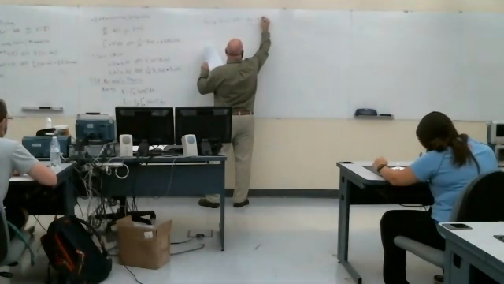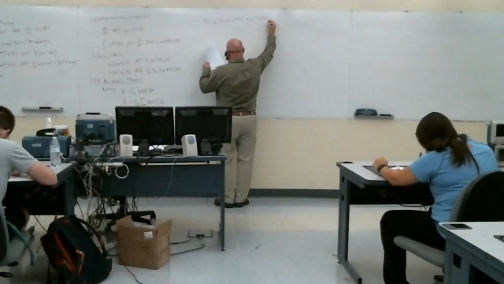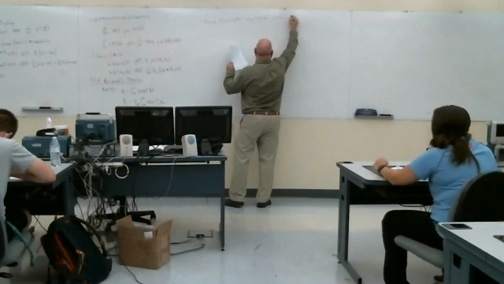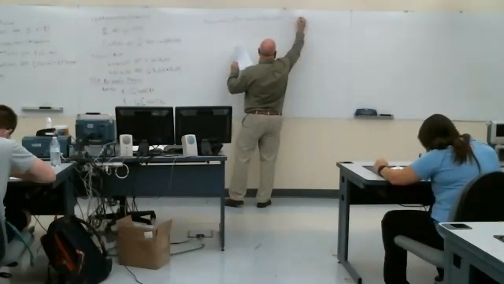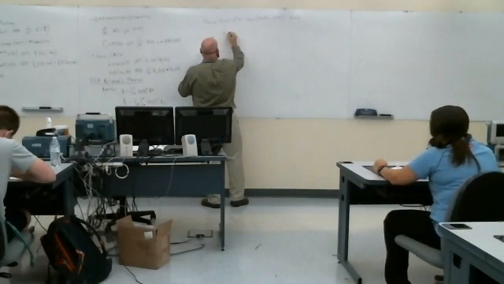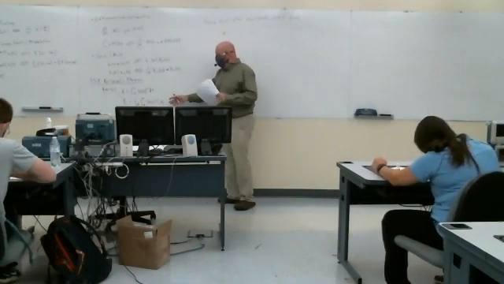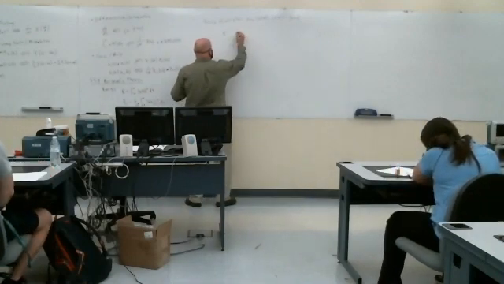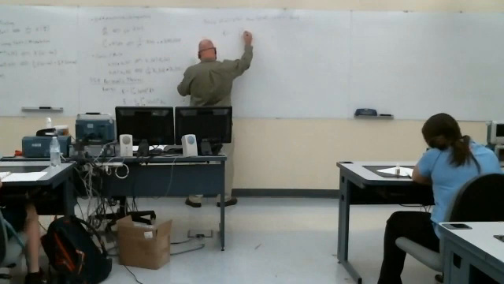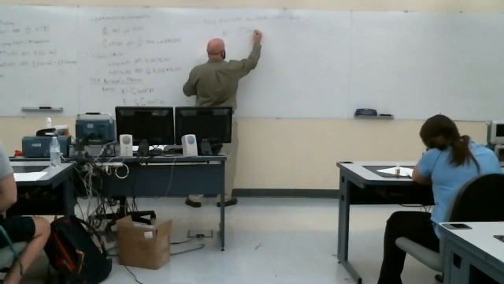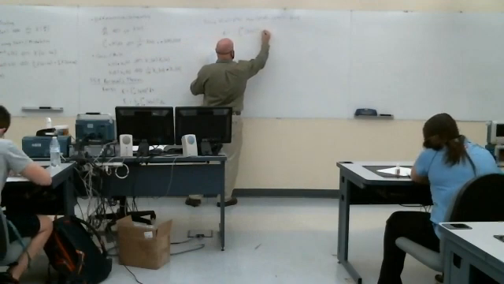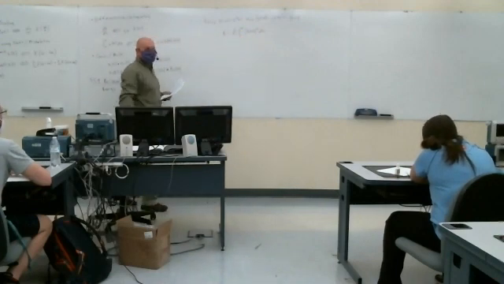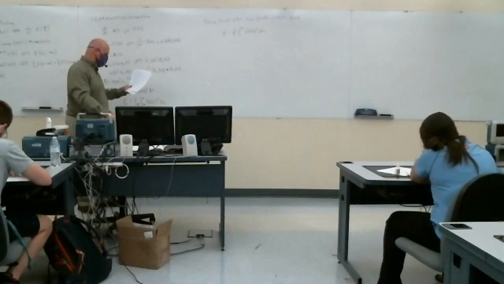So |X of minus omega| is equal to the absolute value of the conjugate. But the absolute value of the conjugate is the same as the absolute value of the original function. So |X of omega| squared is an even function. So instead of integrating from -infinity to infinity, you can just integrate from 0 to infinity of |X of omega| squared and double that result. And so the 1/2 pi becomes 1/pi.